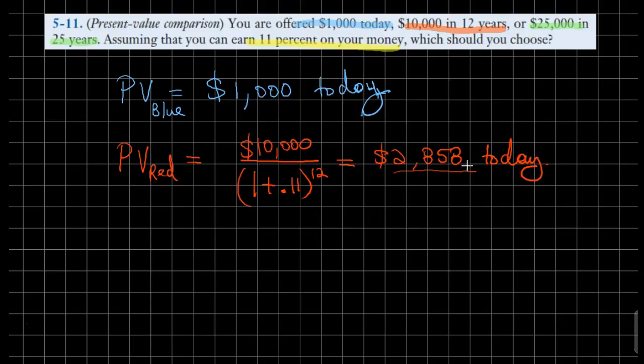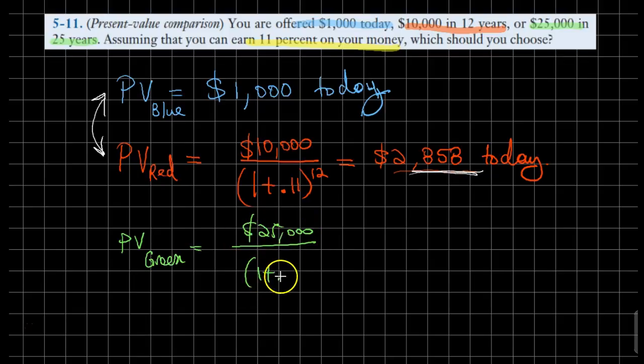Now simply comparing the red versus the blue investment, it's obvious that the red investment is superior, right? So that's pretty clear. Now finally, let's have a look at the present value of the green investment. In that case, we are promised a $25,000 return, but in 25 years instead.